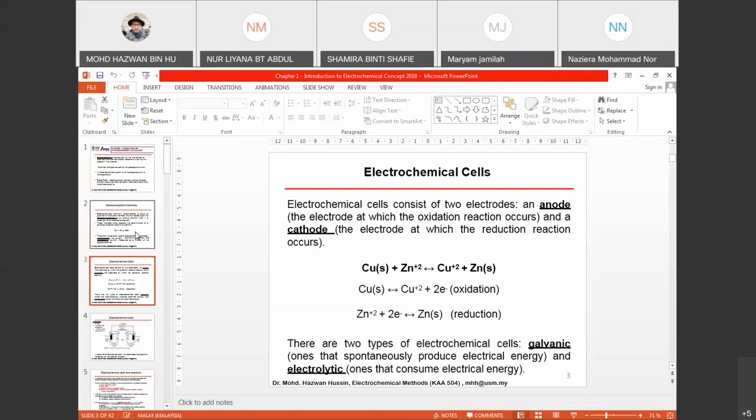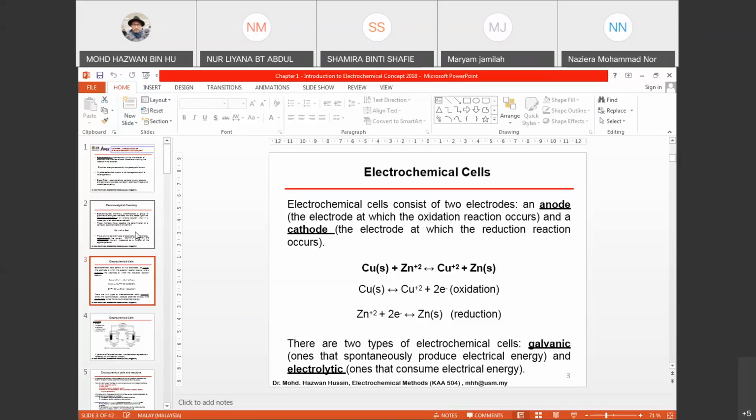Remember, anode is always related with oxidation. Meanwhile, cathode is the terminal where the reduction process occurs. Imagine that you have this equation, copper that is immersed in zinc ions or zinc salt solution. What happens is the copper will be oxidized and then zinc will be reduced.